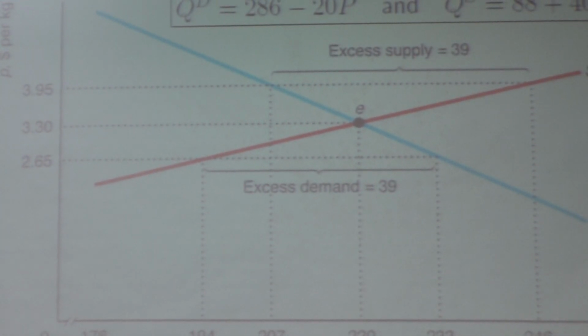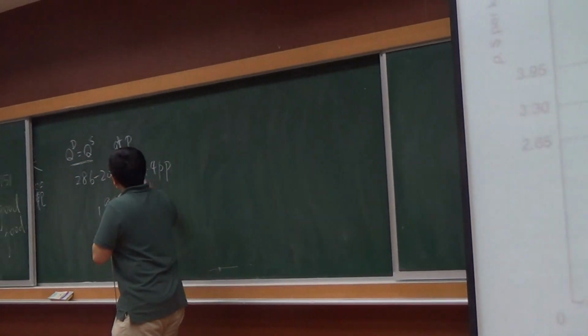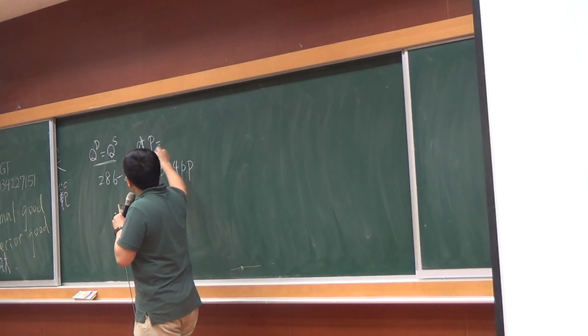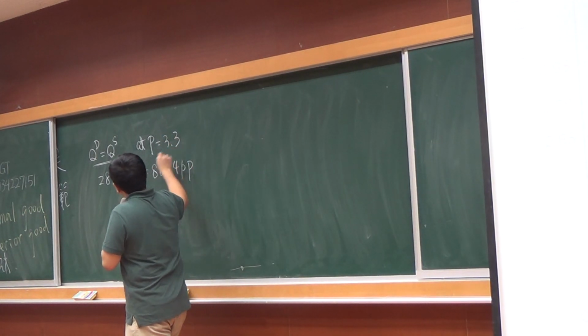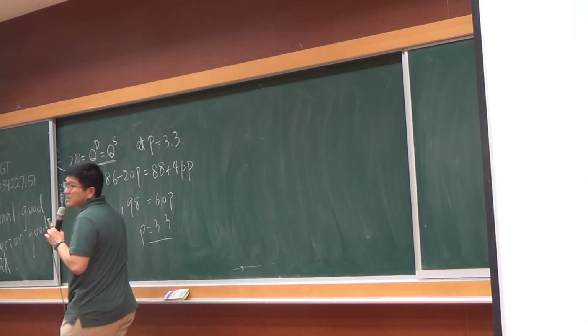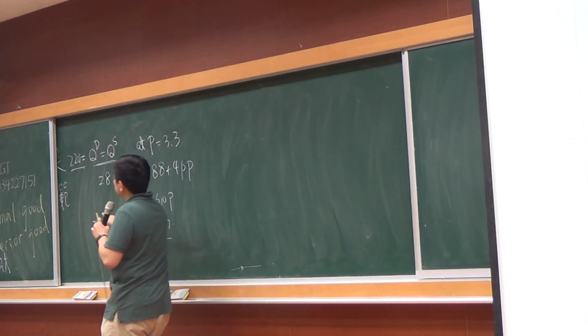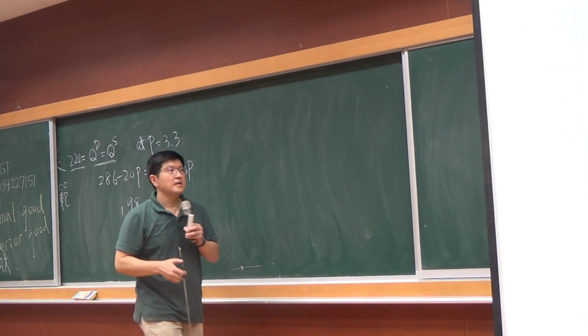So when the price is set at the equilibrium level 3.3, then the quantity will be 220. So we may find the equilibrium price and the equilibrium quantity here.